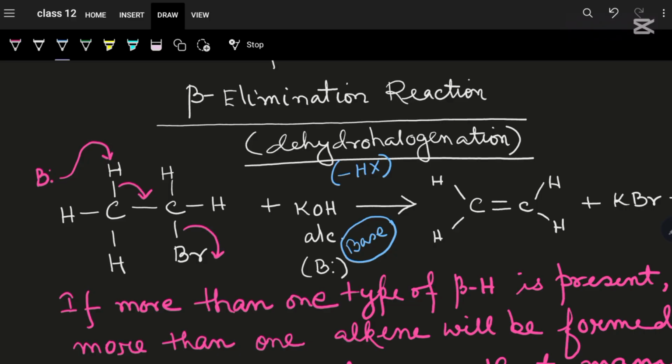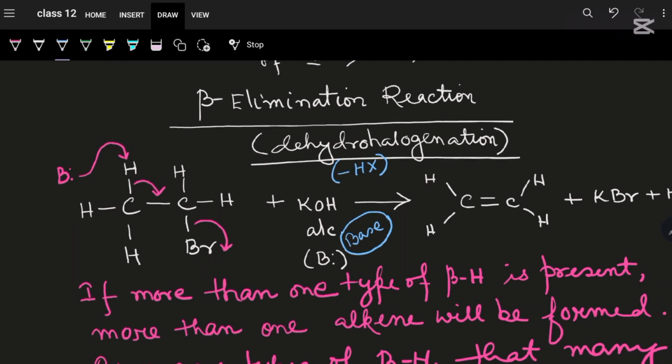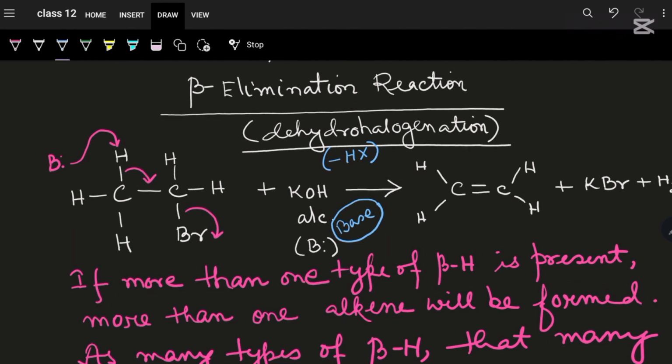Now it depends on several factors which one will be the major or most probable pathway. One of them, as I said, is the solvent. If I take aqueous medium, the substitution product will be the major product. If I take alcoholic medium, the elimination product will be the major product, because KOH in alcoholic medium acts as a better base.